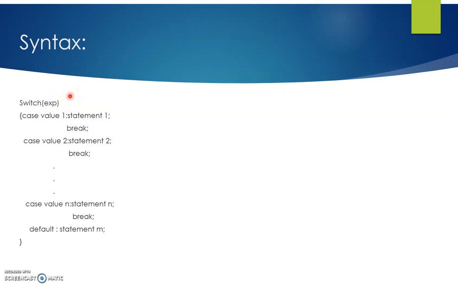So based upon these results, corresponding case will be executed. This case is also reserved in C. Value 1, value 2 up to value n are called case labels, and these labels can be any constant value. So first we have to consider this expression, and these cases are the possible results of given expression.